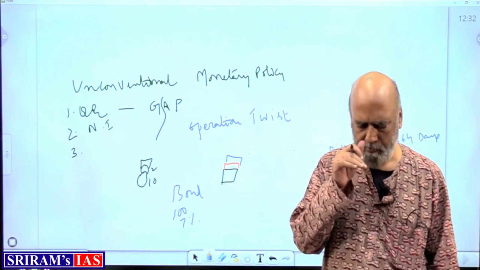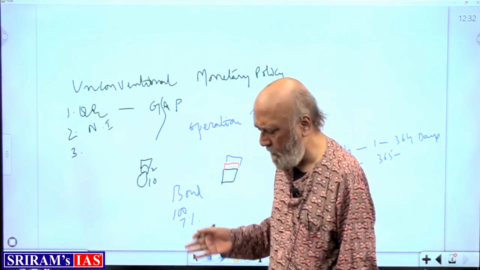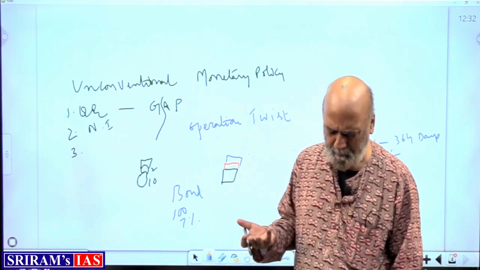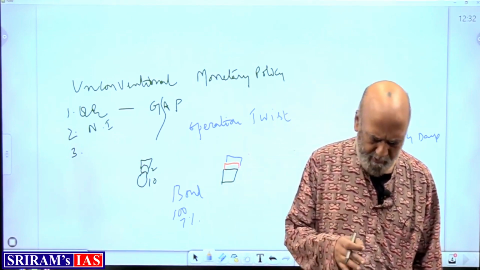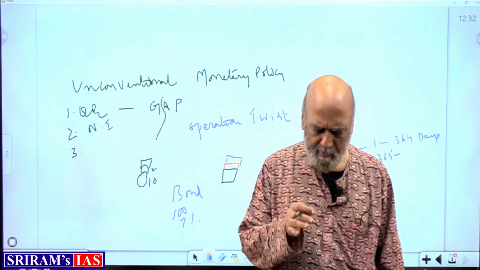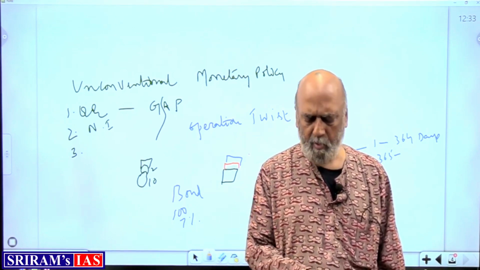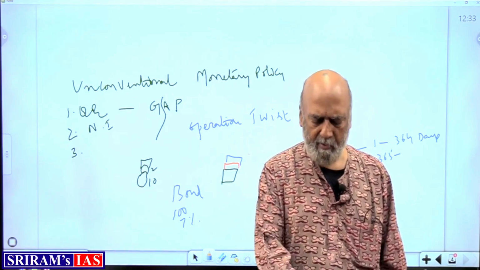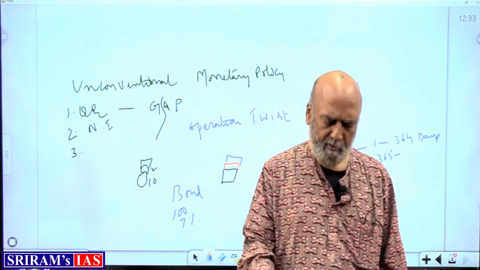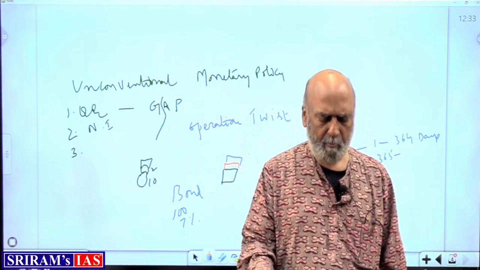Interest will be 8%. Here it may not be 7, could be a little less. Short term 7, long term 8. Both face value is 100. Interest rate, short term is less, long term is more.